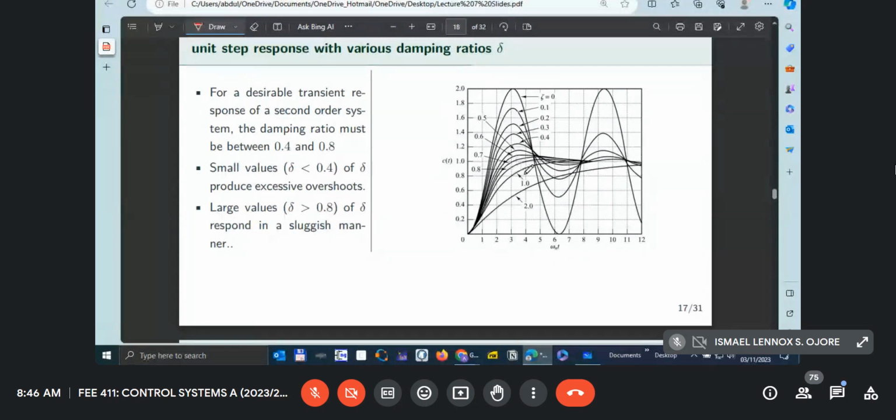So a system between 0.4 and 0.8 is more desirable than one with less than 0.4 or more than 0.8, because of this it doesn't respond faster, and because of these maximum overshoots.